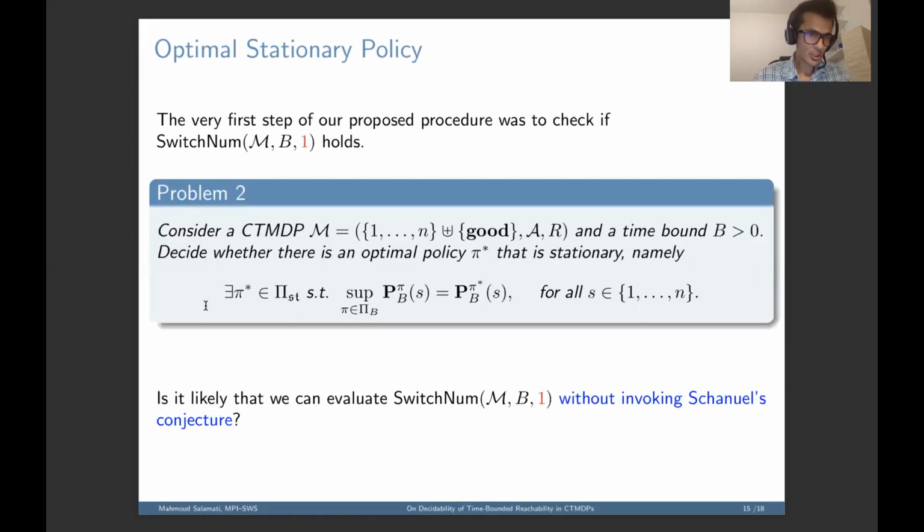And the main question is, is it likely that we can come up with an answer to problem 2 without invoking Schanuel's conjecture?